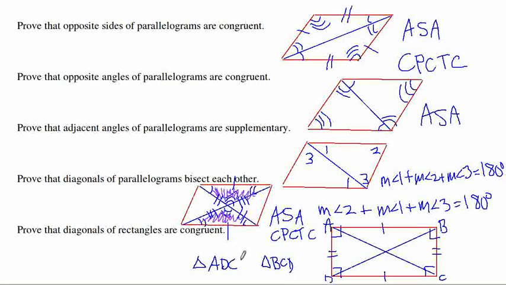Both of those triangles are congruent because of the SAS theorem. And then, because they're congruent, we know that AC equals BD from CPCTC. So therefore, we know for a fact that the diagonals of rectangles are congruent. All right?